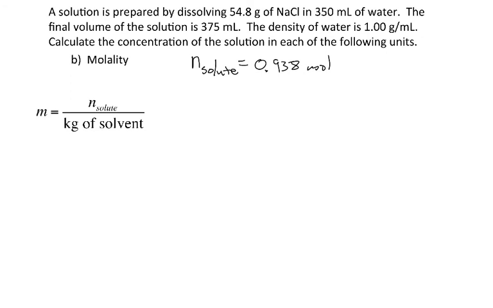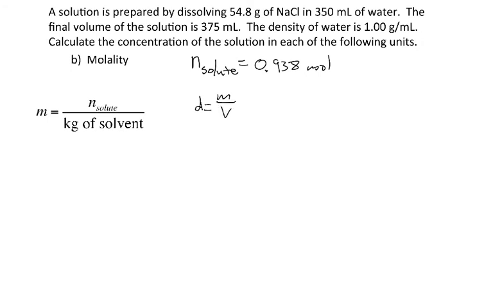So let's see, 375 milliliters, that's the volume of the solution. That's no good. But here I have 350 milliliters of water, right? So I have the volume of the solvent, and then I'm also given the density of the solvent. So with those two pieces of information, I should be able to find the mass of the solvent, right? So the equation we have for density is that D is mass over volume.